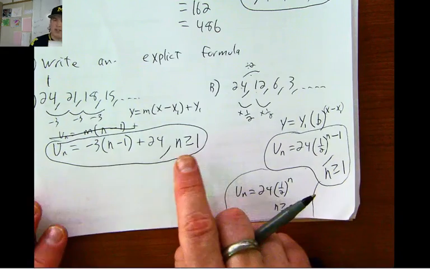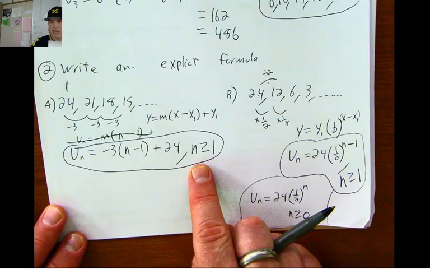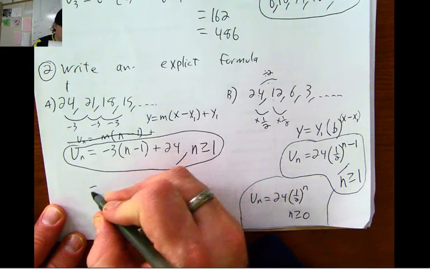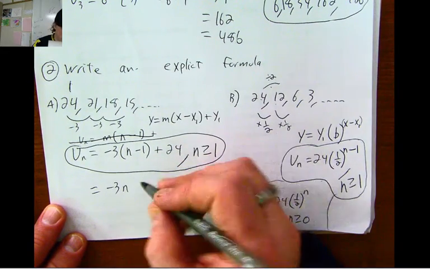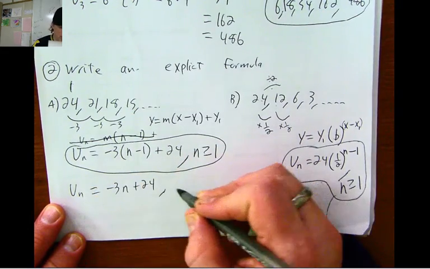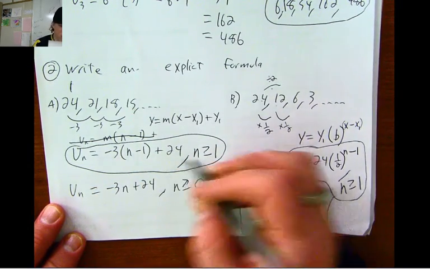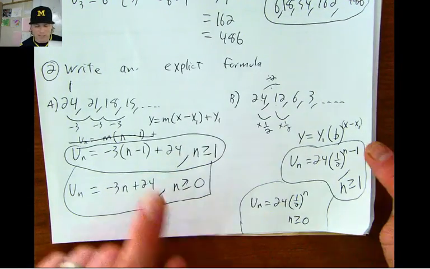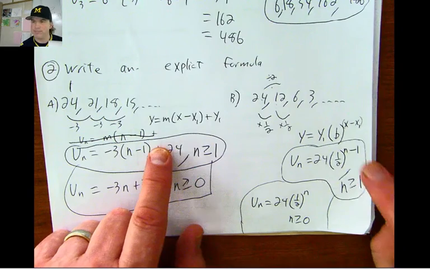You could also do the same thing here: instead of n greater than or equal to 1 and using n minus 1, you could have said -3n plus 24, n greater than or equal to 0. Both equations work. My answer key, though, I'm going to have reflect these ones.